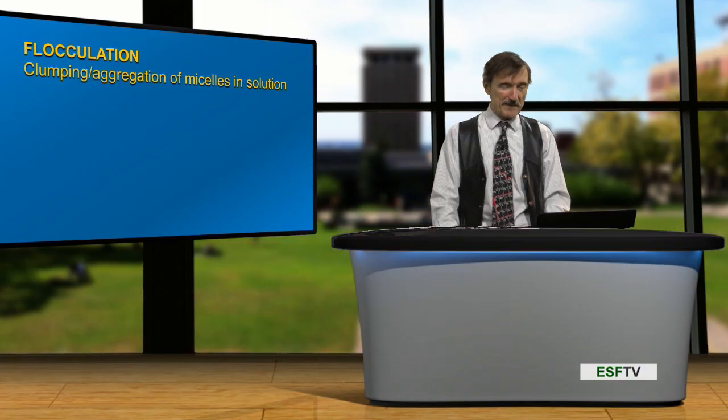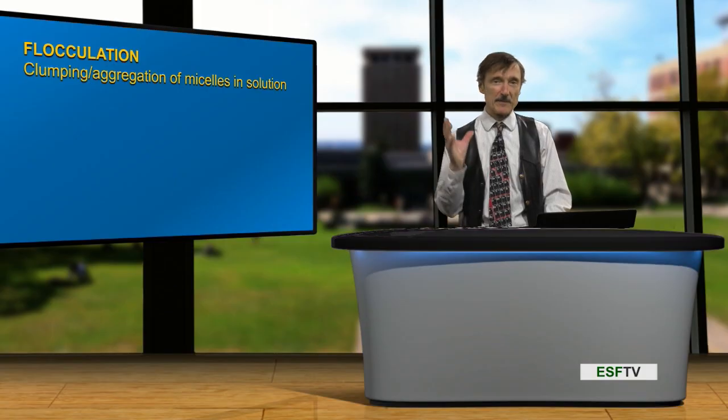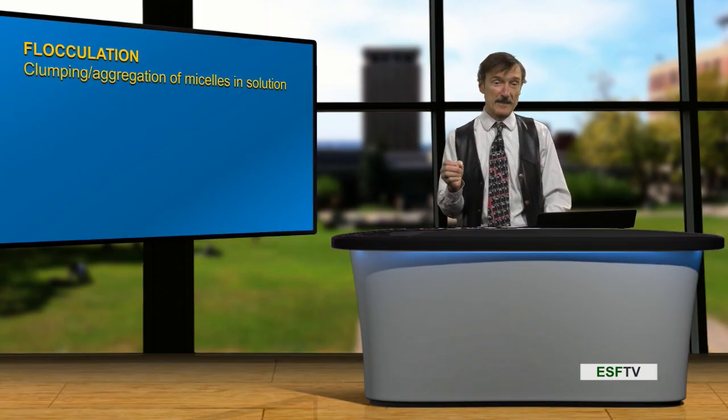So that leads me to something you'll observe in lab this week, flocculation, the clumping, aggregation of micelles in solution. We have bentonite, a clay, 1% solution. We've mixed them up, it's colloidal. All these bentonite particles are in solution. How can I get them out of solution? I could get them out if I could cause them to clump.